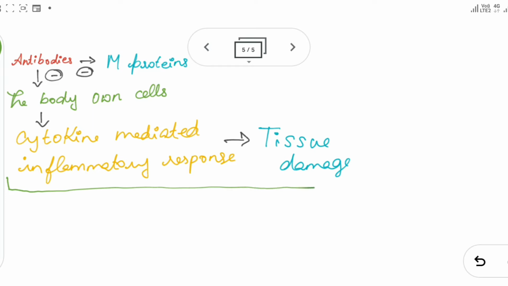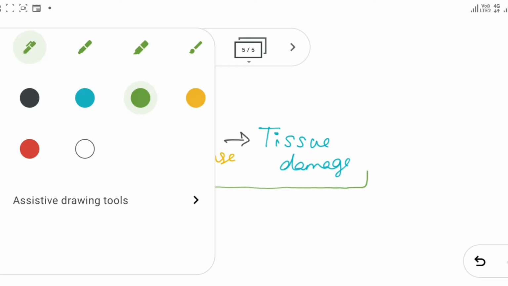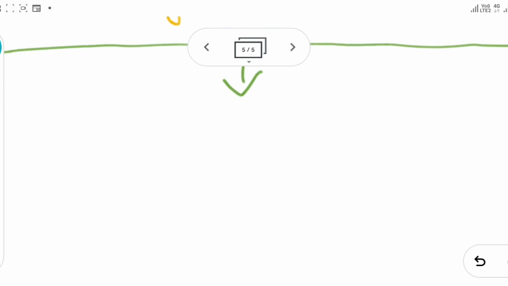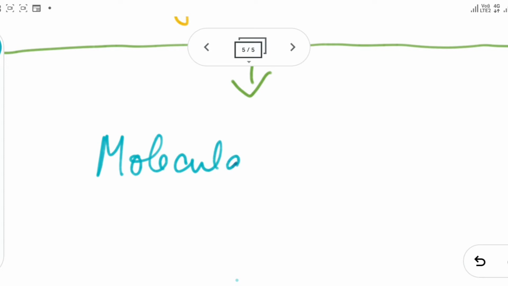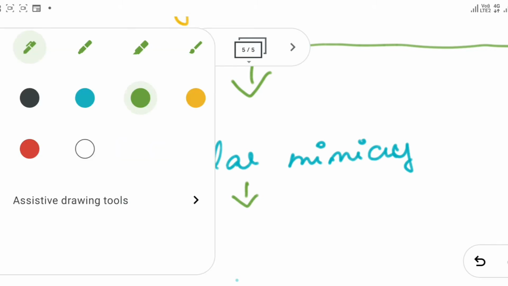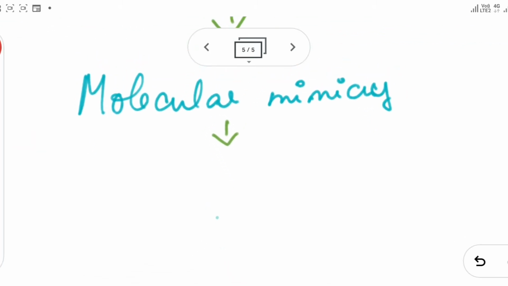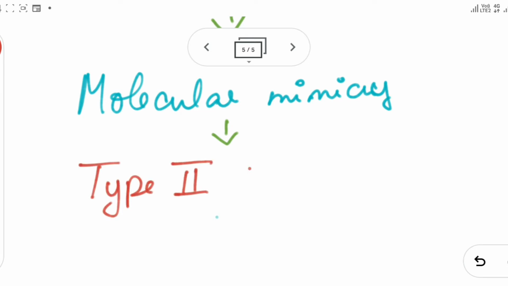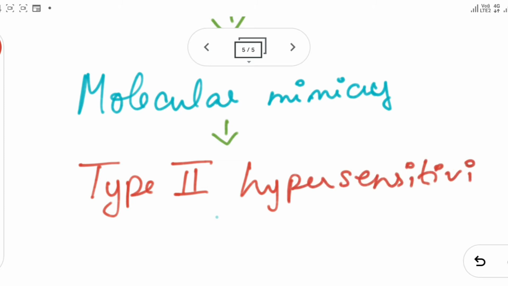This entire phenomenon is known as molecular mimicry. This is a type 2 hypersensitivity reaction.